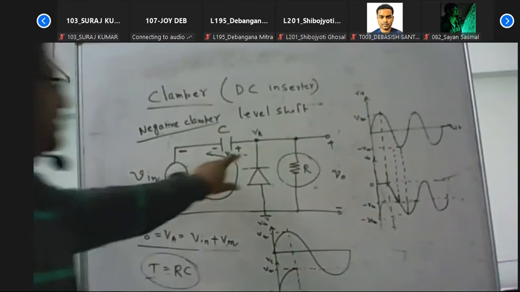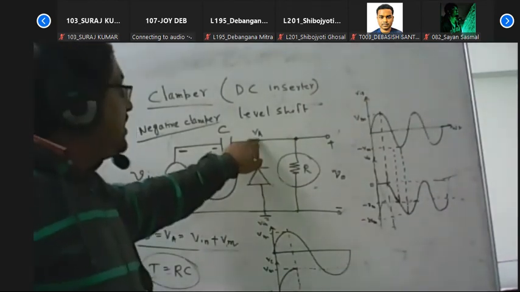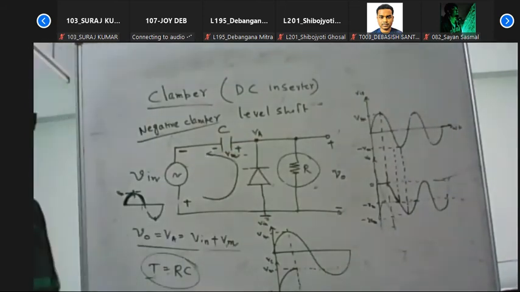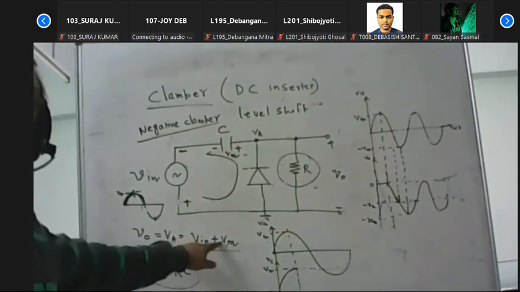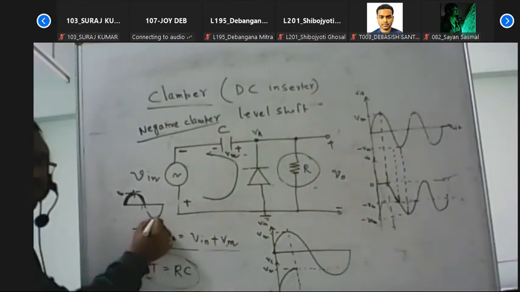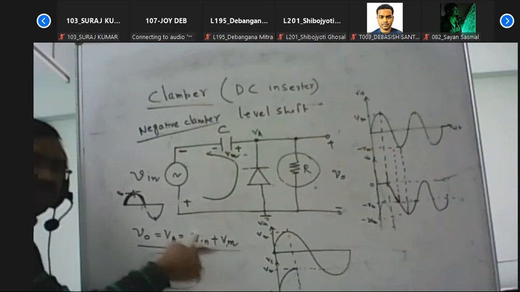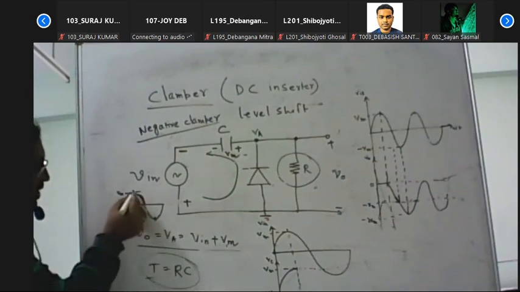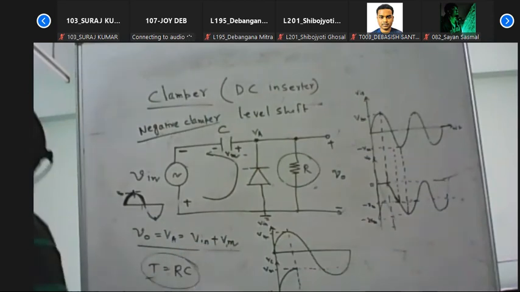So the voltage at that point is Vin plus Vm, which means our minimum signal, minus Vm plus Vm, equals 0, and where we get the maximum input signal, Vm, Vm plus Vm equals 2Vm.